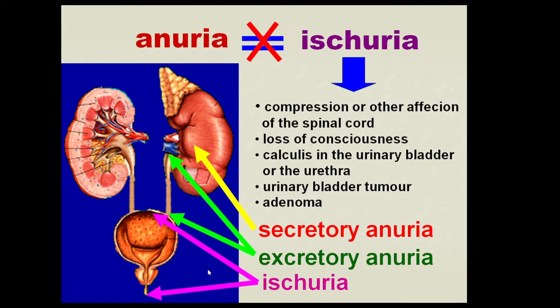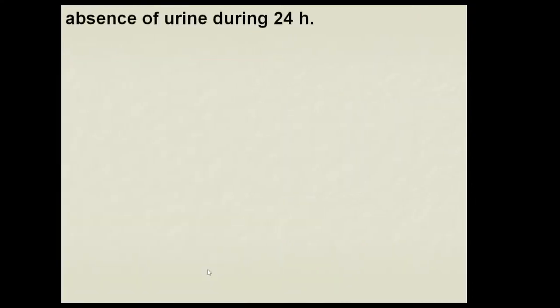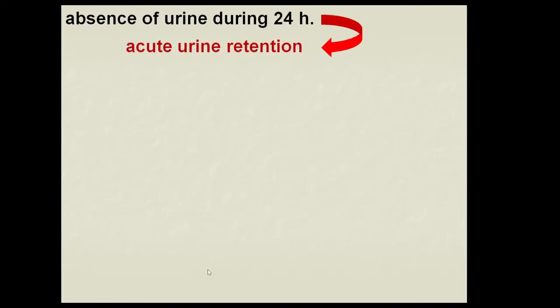How can we distinguish this process clinically? Patient enters with primary disease, acute retention of urine, when he hasn't urinated during 24 hours. In the admission department, we'll see patient with acute urine retention. Then we must decide what is the cause of this problem.